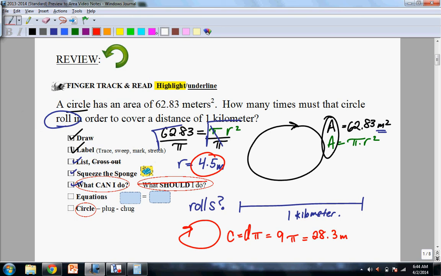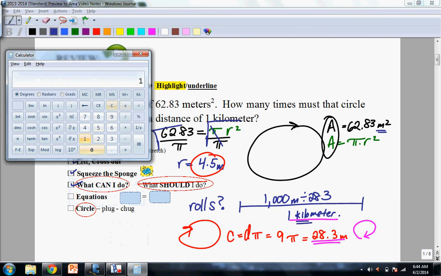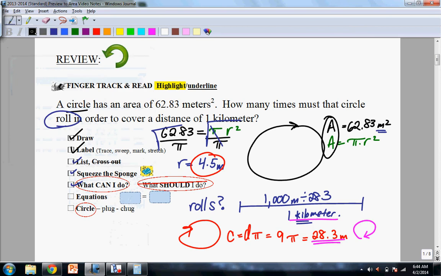Now, this is where it gets interesting because you have to watch your units here. This is 28.3 meters for every roll, but we're going a kilometer. So you need to know that prefix kilo means 1,000. So we have 1,000 meters divided by the 28.3, and we get approximately 35.3 rolls.